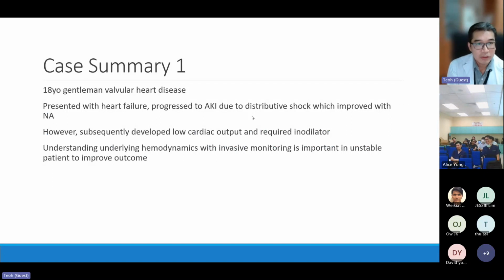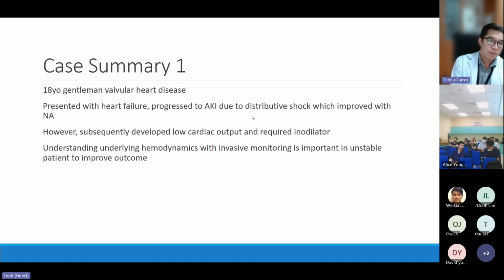18 years old, valvular heart disease, at first heart failure, progressed to AKI because of distributive shock, which responded well to the noradrenaline. But subsequently, because of the increase in the afterload, there was low cardiac output with congestion, and we switched the inotrope to an inodilator, and the patient became better and able to go home.